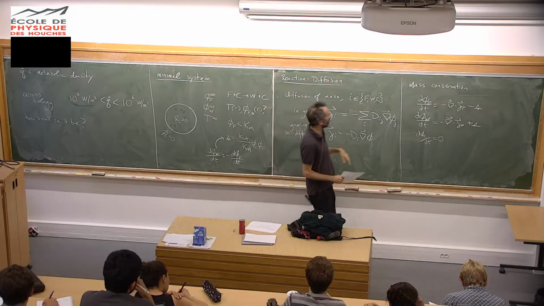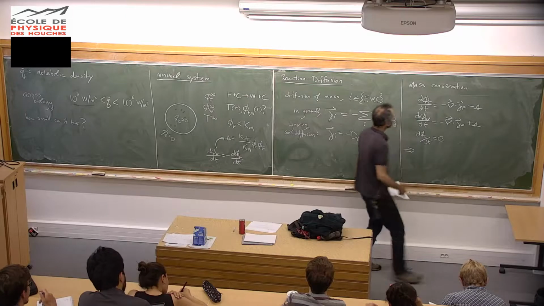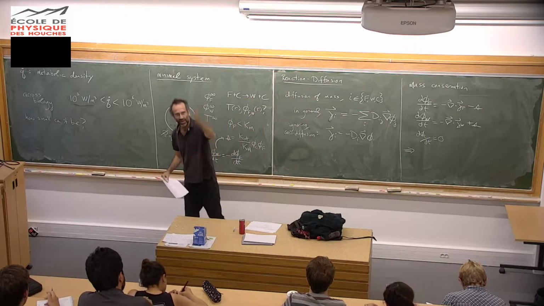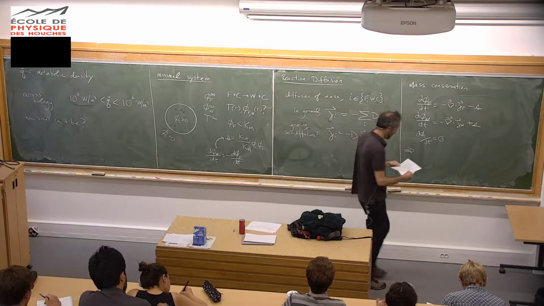Great. So, as I mentioned before, I'm interested in materials, right? So if I care about materials in steady state, I want to have a uniform concentration. I want to set the time derivatives equal to 0.